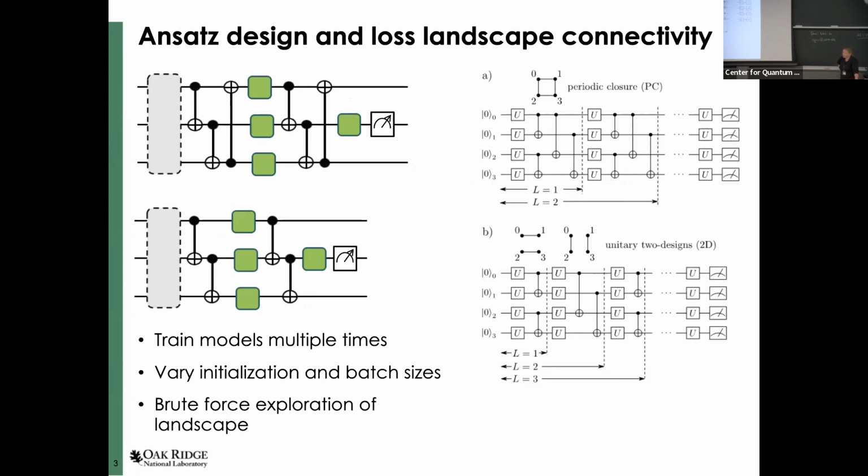And what we were using these 3 qubit circuits to do was fit a regression model that would be able to take an input value of X and predict Y, where Y is fitted using just a simple parabolic curve. And the ansatz design is just a very familiar layered ansatz where we have entangling gates and parameterized gates. We just chose 2 slightly different layouts for our entangling layers.